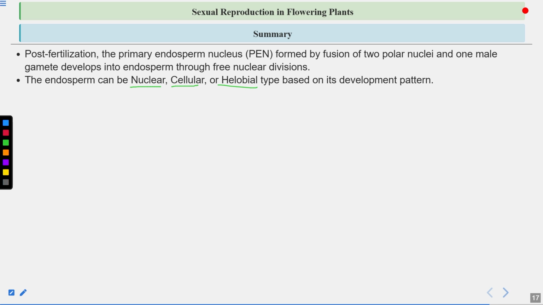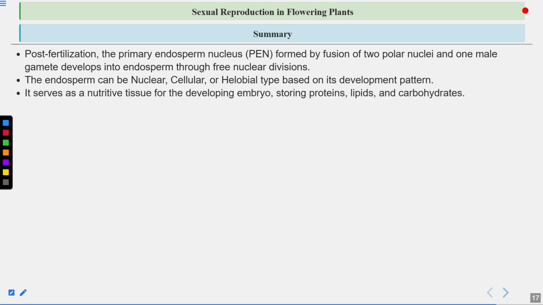So it is called helobial type of endosperm. It serves as a nutritive tissue for the developing embryo, storing proteins, lipids, and carbohydrates that are needed by the developing embryo later on.